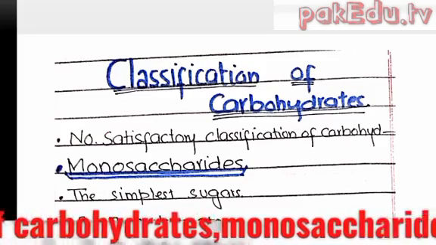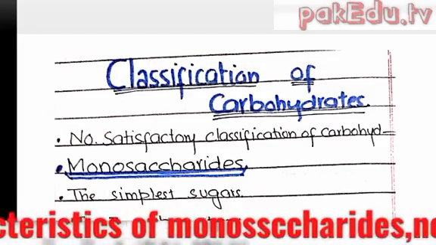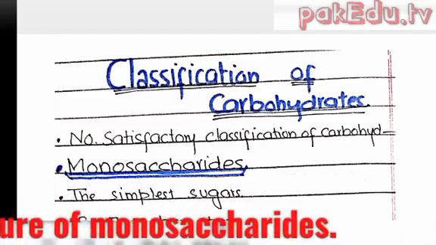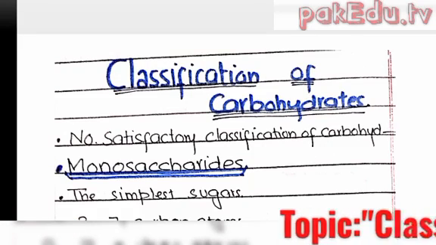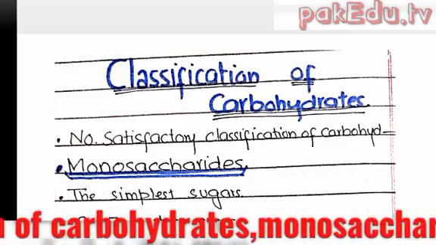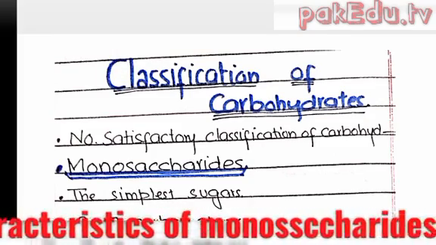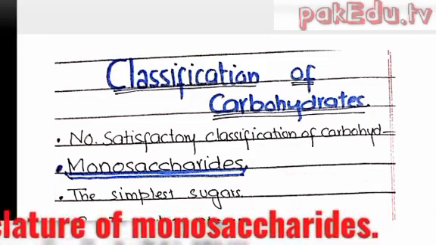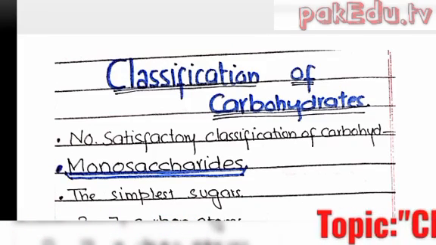In this video I am going to discuss classification of carbohydrates. There are many ways to classify carbohydrates. That's why we say that there is no satisfactory classification of carbohydrates, but generally we classify carbohydrates into three types: monosaccharides, oligosaccharides, and polysaccharides.